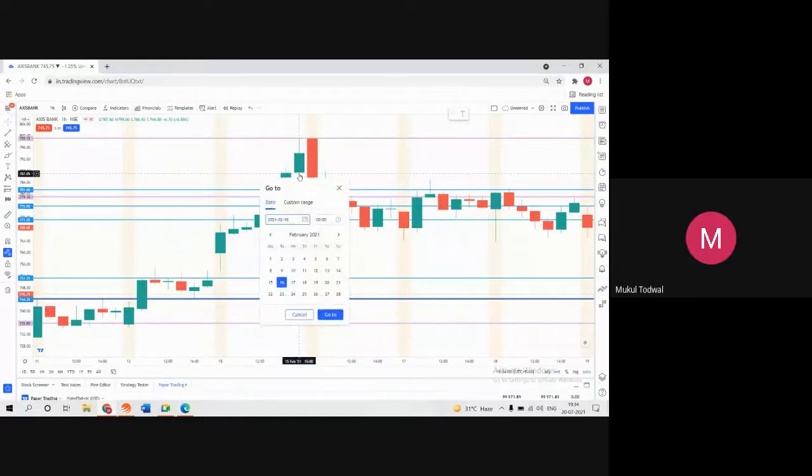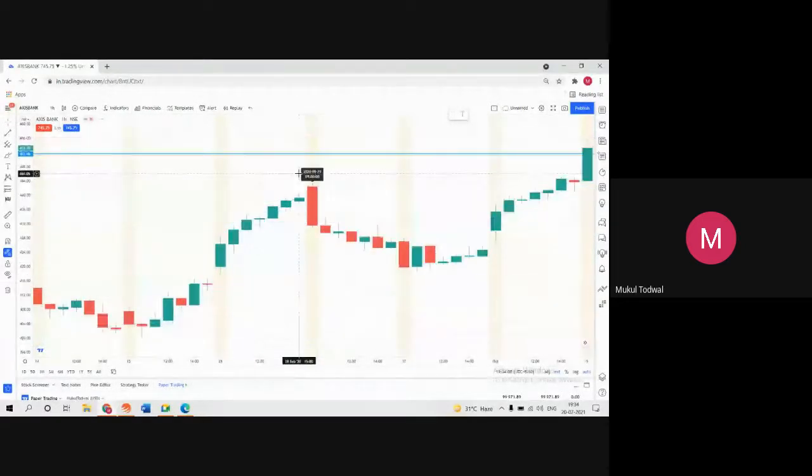Okay, so this is again the Axis Bank 1 hour chart. The stock is in an upward trend followed by a very big green candle, sorry, red candle, and see the stock has gone down.